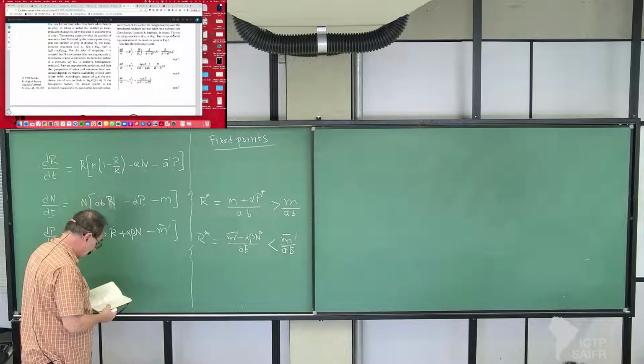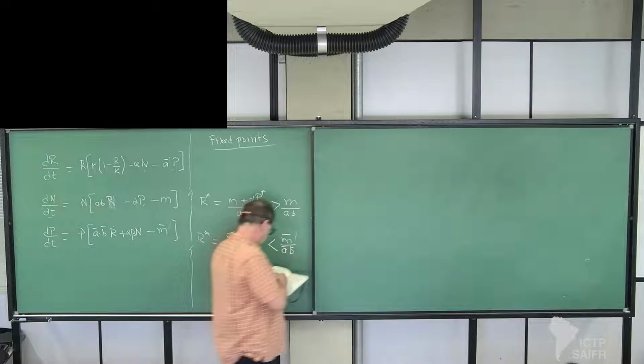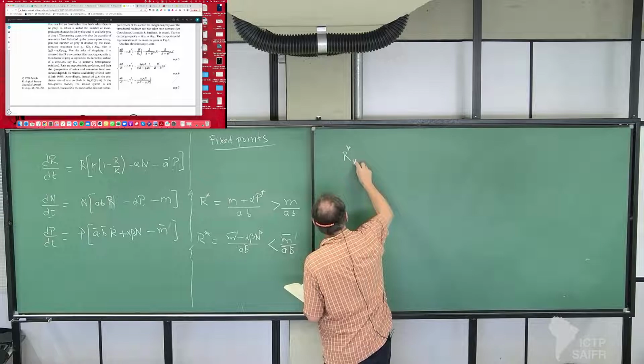Then you can have equilibrium between the resource and the prey, and this equilibrium will correspond to some level of resources and some value for N. If P is equal to 0, then R index n is equal to m over AB.